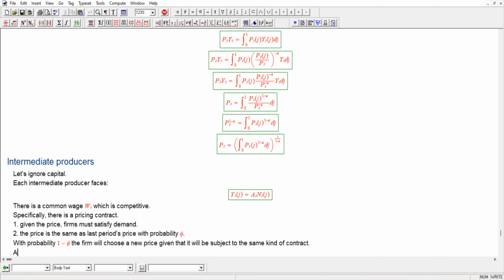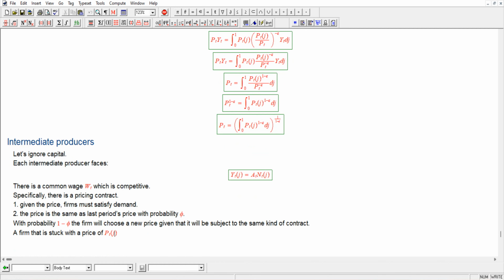Now, a firm that is stuck with a price of P sub t of j earns nominal profits of, well, they sell P of j times y of j minus the nominal wage times whatever their labor input is.